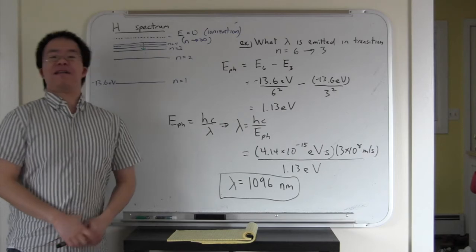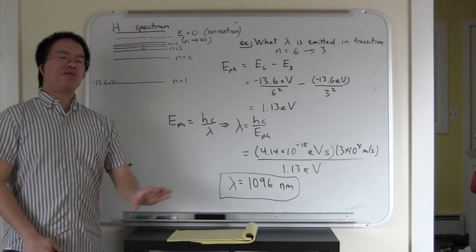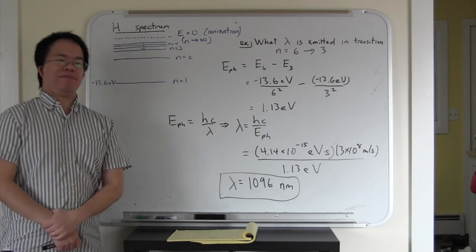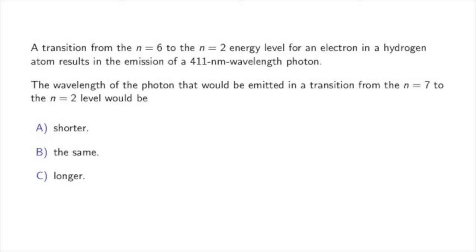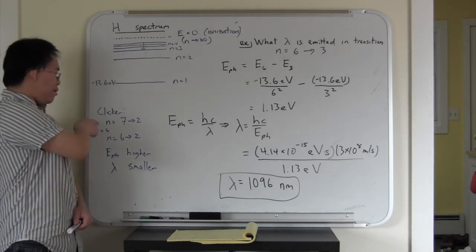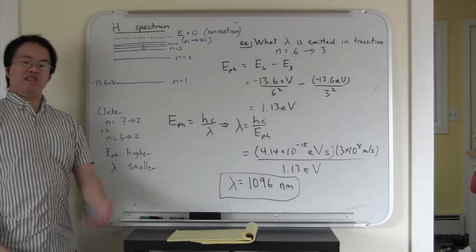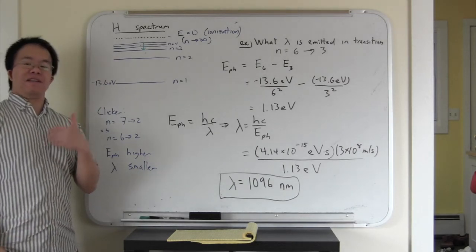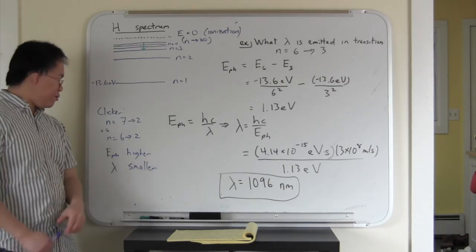So now I'd like you to think about a clicker question that's related to this. So let's turn to that now. Hopefully you had the chance to think about comparing a transition from n equals 7 to 2 to going from n equals 6 to n equals 2.